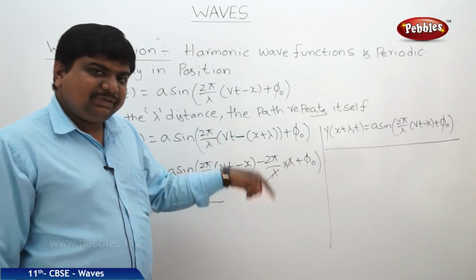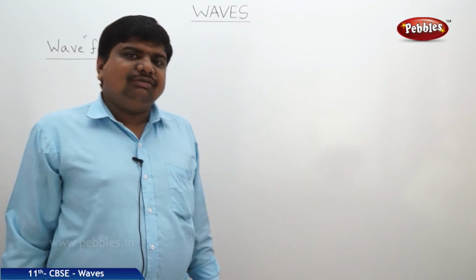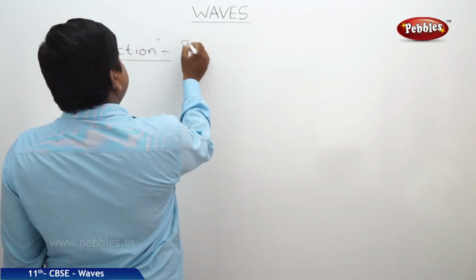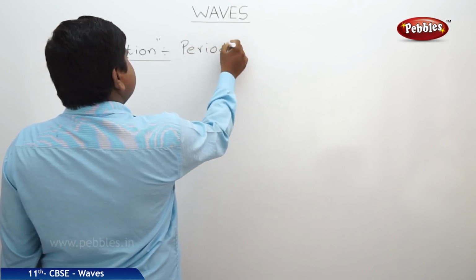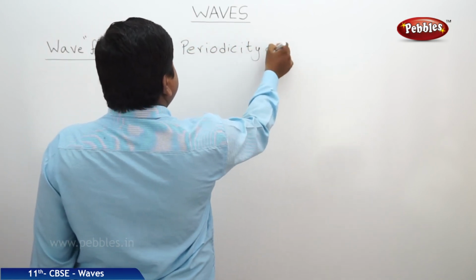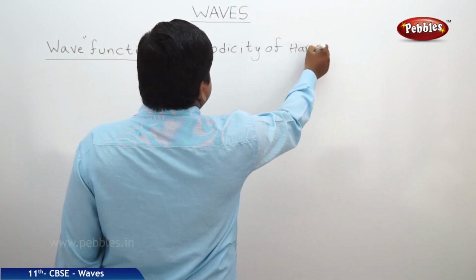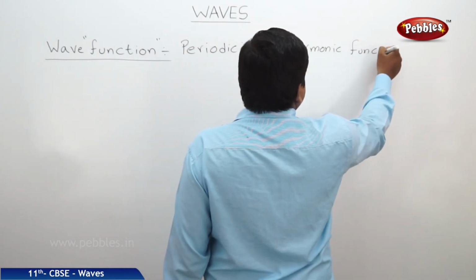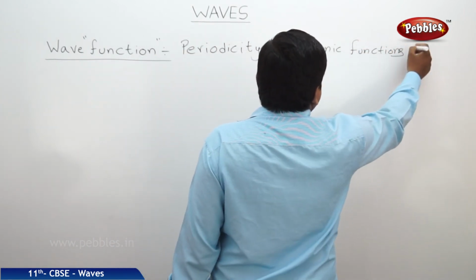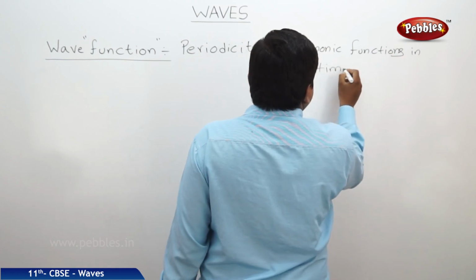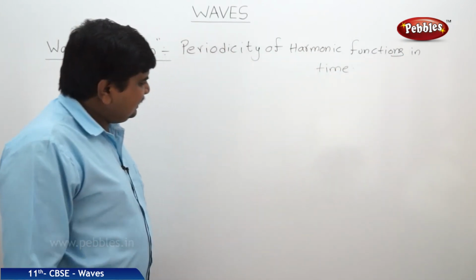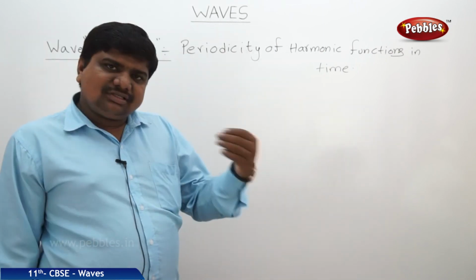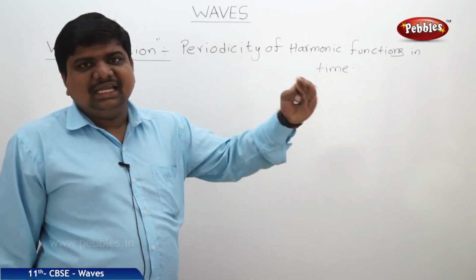Next we will check whether it is periodic in time. Now we will check the periodicity of harmonic wave functions in time. That means if the length extends to x plus lambda, automatically time will also change: t plus T, t plus 2T, t plus nT.